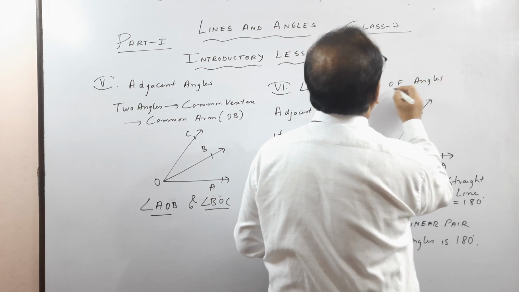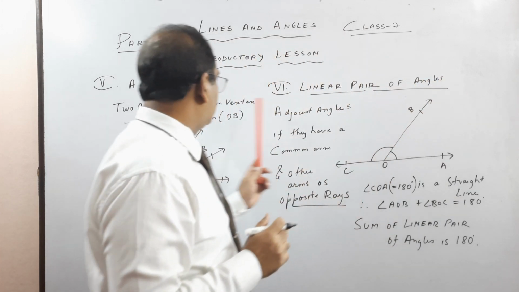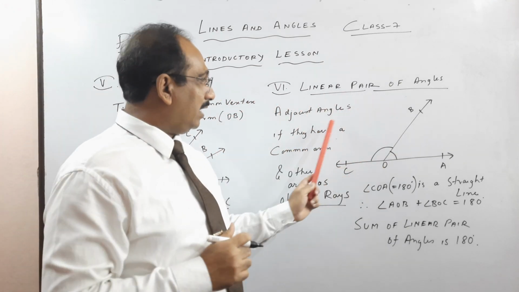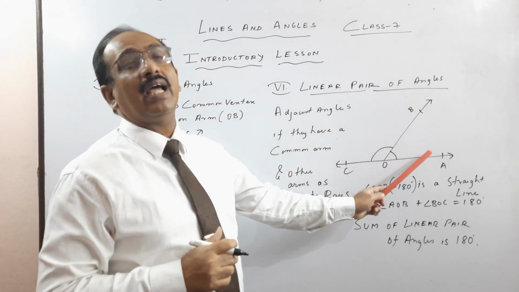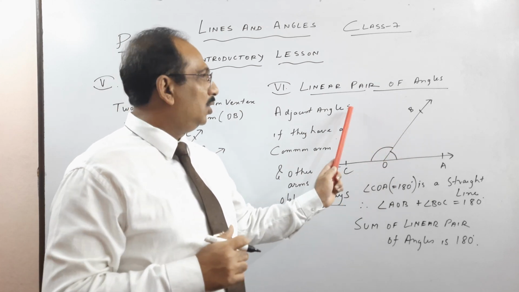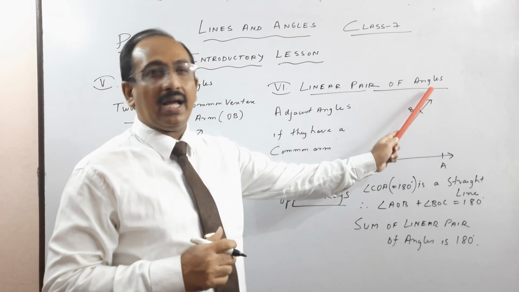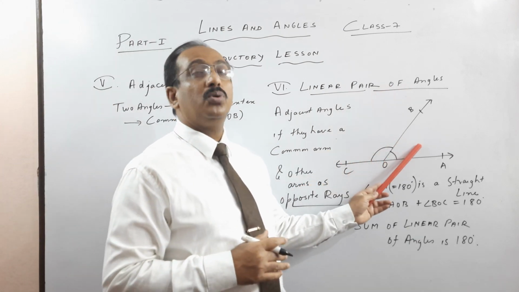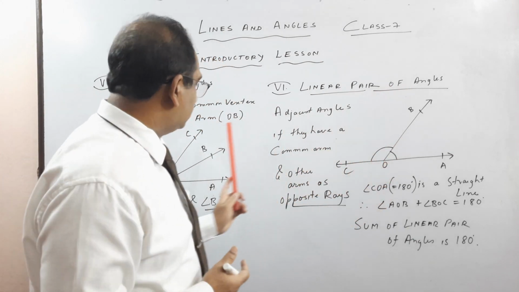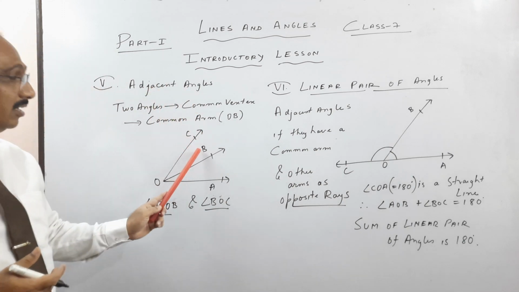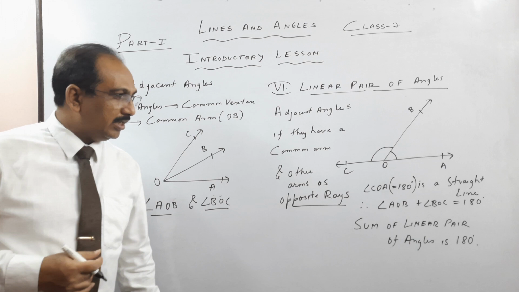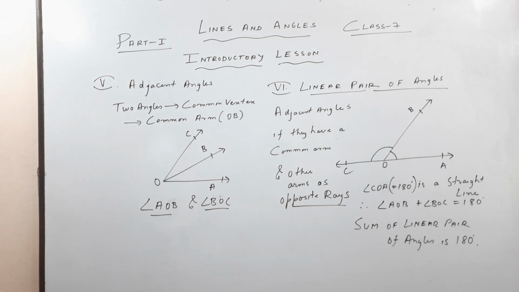Remember, because here we have more than one angle, like adjacent angles, we have written linear pair of angles. These are adjacent angles. We have two, so remember, there will be plural, angles. And adjacent angles also, because there are two angles. Okay, so kindly note, then we move on to the next part.